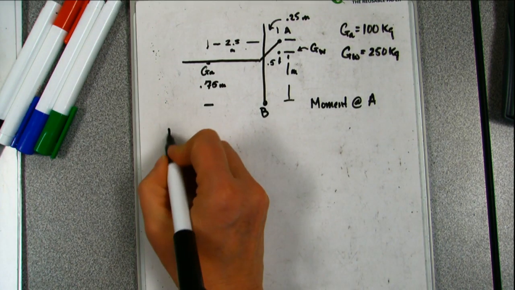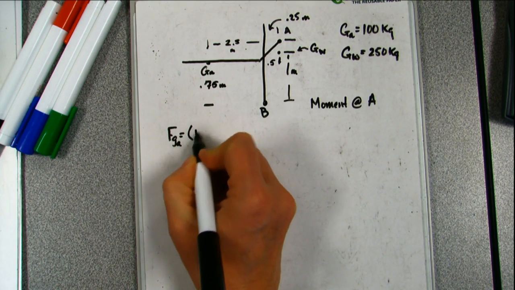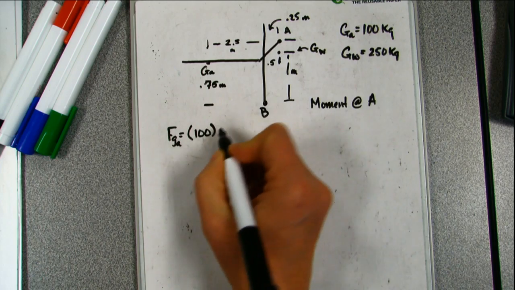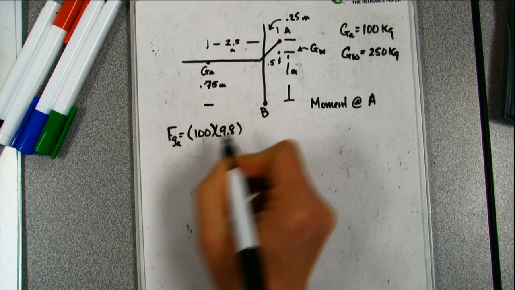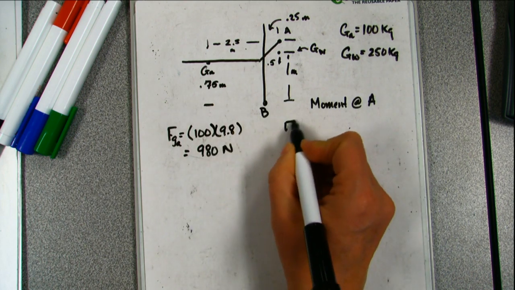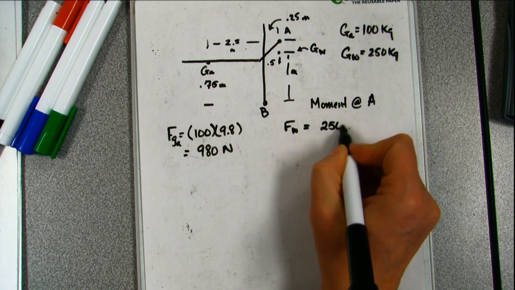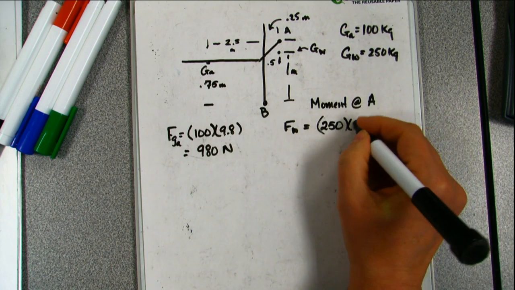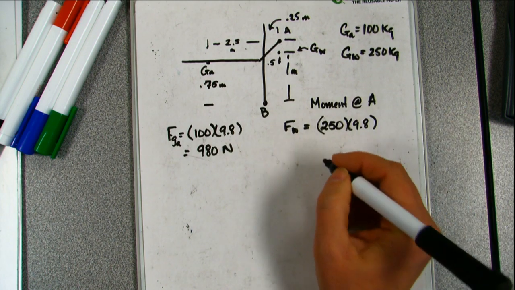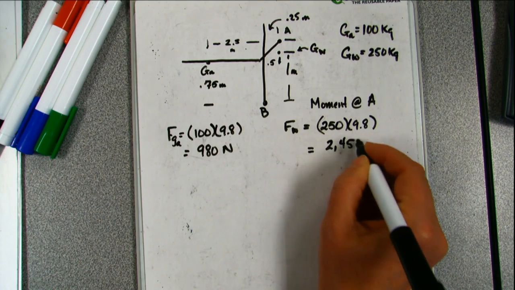So I'm going to do the force due to gravity, or the weight of the gate, which is 100 times 9.8, giving me 980 newtons. For my counterweight, it's 250 times 9.8, and that's going to give me 2450 newtons.